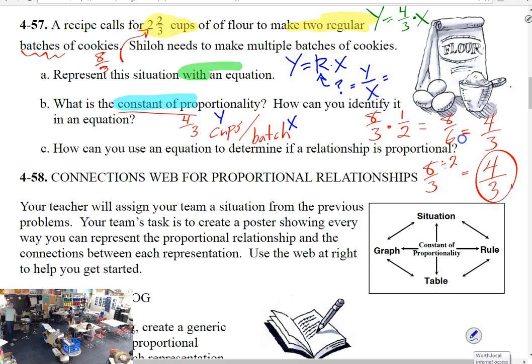Because our x value is our batches, we would just plug in 5 there. What's 5 times 4? 20. So we would get that the amount of flour that we need is 20/3, which is, what is a mixed? Anyway, 6 2/3. 6 2/3.